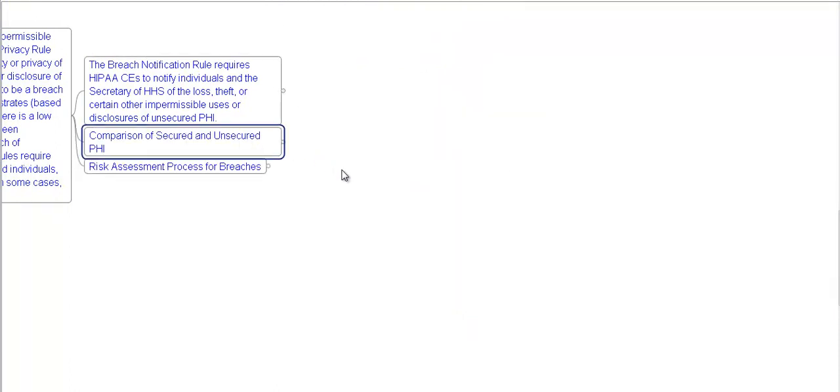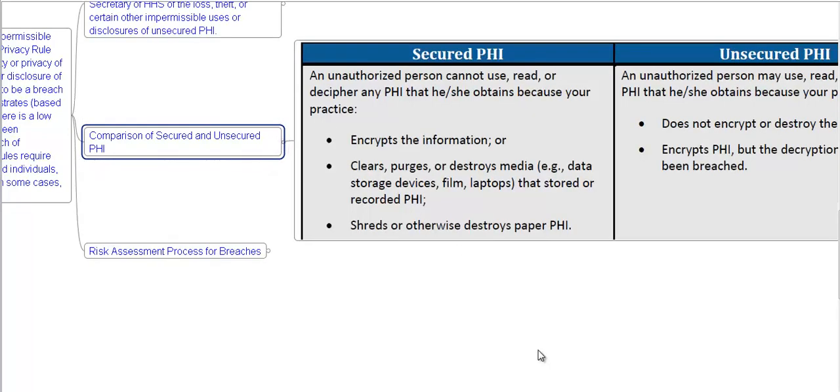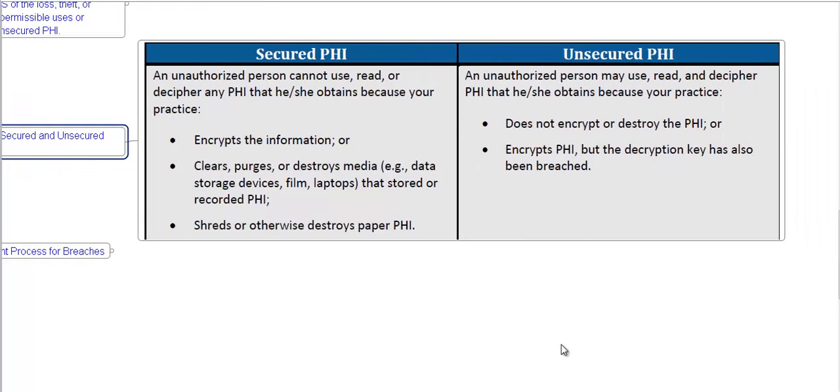Comparison of secured and unsecured PHI. Secured PHI: an unauthorized person cannot use, read, or decipher any PHI that he or she obtains, because your practice encrypts the information or clears, purges, or destroys media, for example, data storage devices, film, or laptops that store or record PHI, and shreds or otherwise destroys paper PHI.